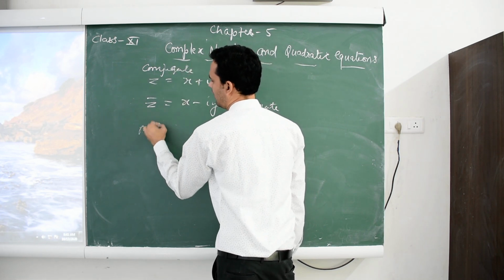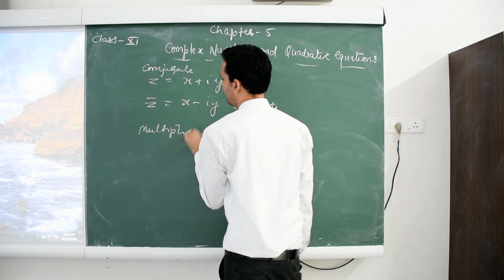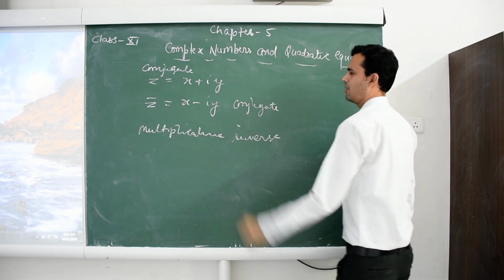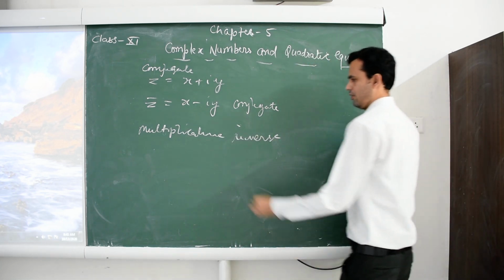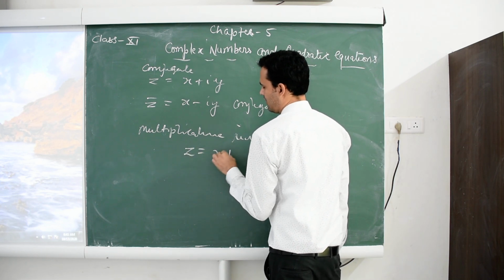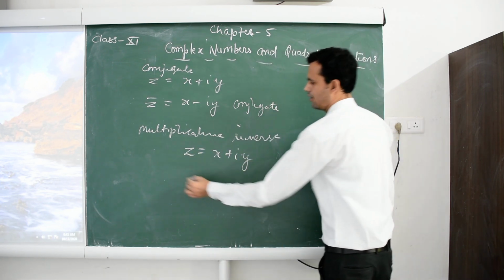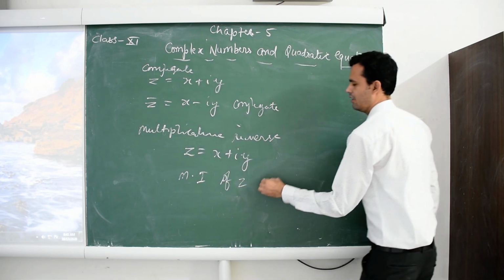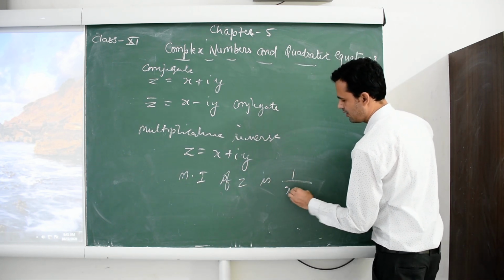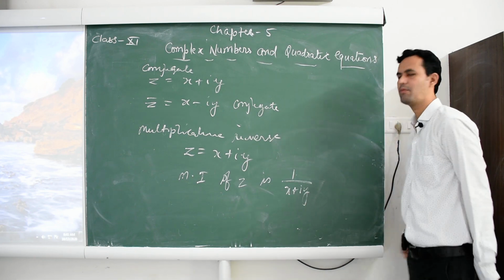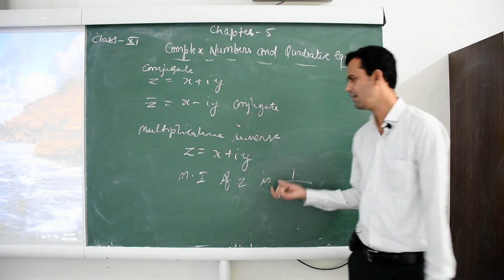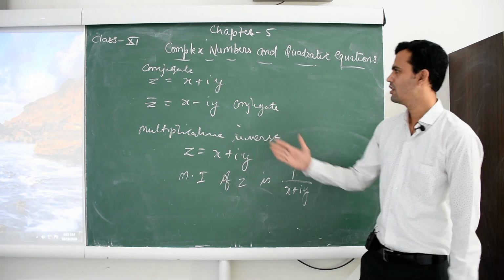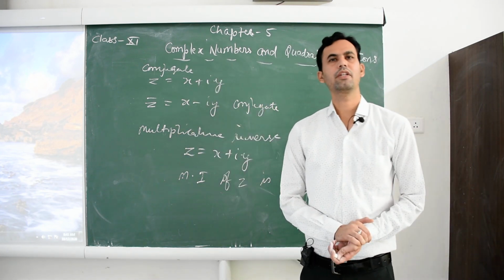Then multiplicative inverse: if z equals x plus iy, then the multiplicative inverse of z is 1 upon x plus iy. If we take the reciprocal of a complex number, we get its multiplicative inverse. So this is conjugate and multiplicative inverse.